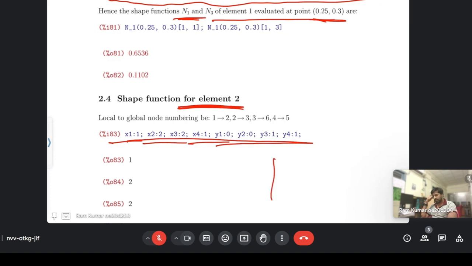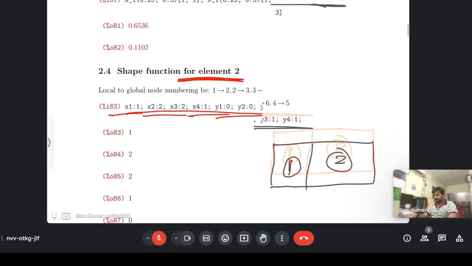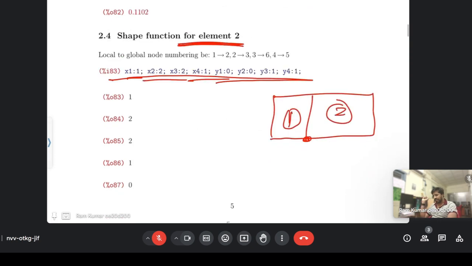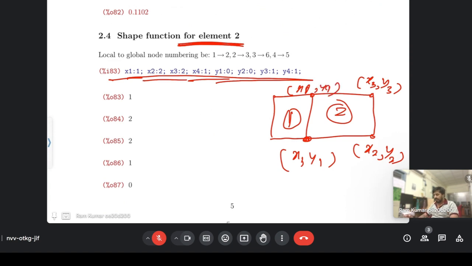So this is our element, like this we are having element 1, element 2. For element 1 it will be x1, y1, then x2, y2, then x3, y3, then x4, y4. I don't know exactly that numbering. One thing you have to remember for this 2D element is that the numbering should be in order.